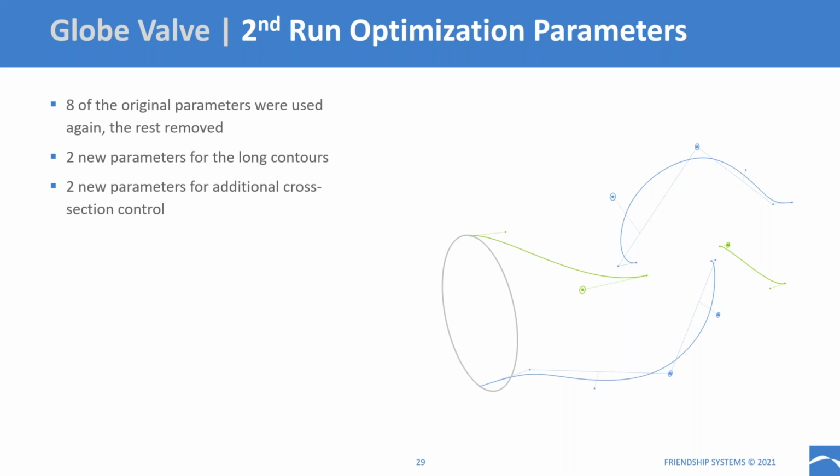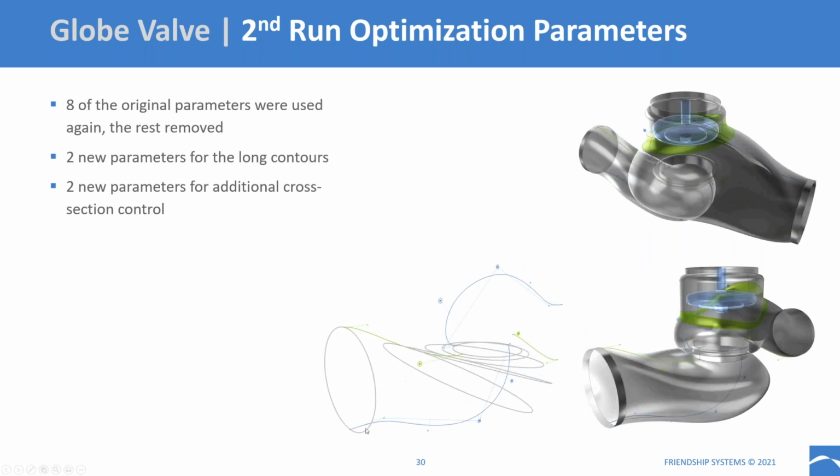If you remember what I told you before, we sweep these cross sections along these contours. The parameters we introduced here control the speed at which we sweep along the long blue contours. And this would look like this.